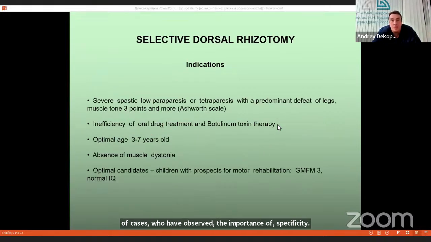Selective dorsal rhizotomy indications. Patient with severe spastic lower paraparesis or tetraparesis, high level of muscle tone, 3 points and more, inefficiency of oral drug treatment and botulinum toxin therapy, absence of muscle dystonia.